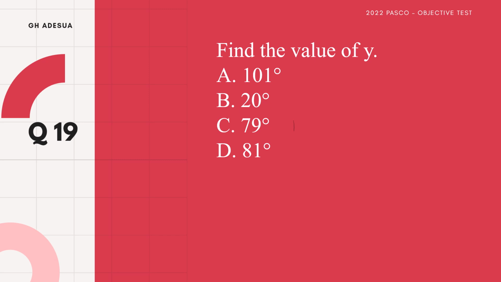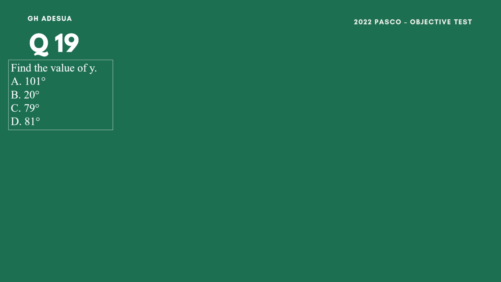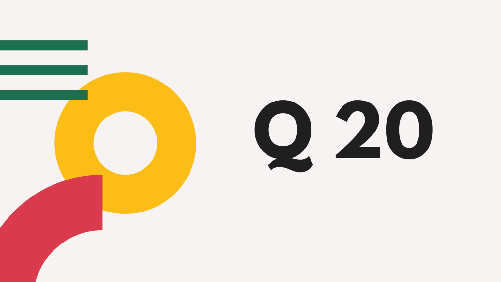As we did in the other slide, we realized that we got 79 degrees. So x was 81, whilst y was 79. So to our 20th question.